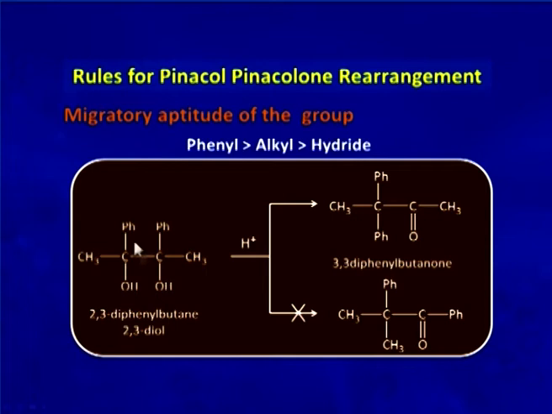We have here a phenyl group and a methyl group. Out of the two, the phenyl group migrates with its pair of electrons preferentially. As a result, the product formed is 3,3-diphenyl 2-butanone. So again, we can repeat that the phenyl group migrates preferentially over the methyl group in this particular case.